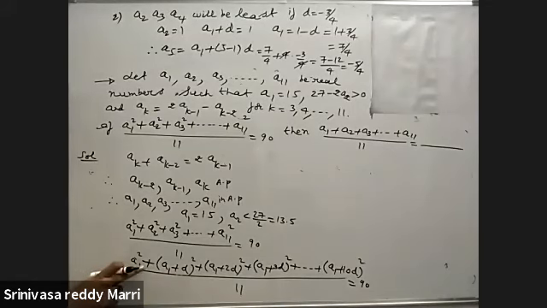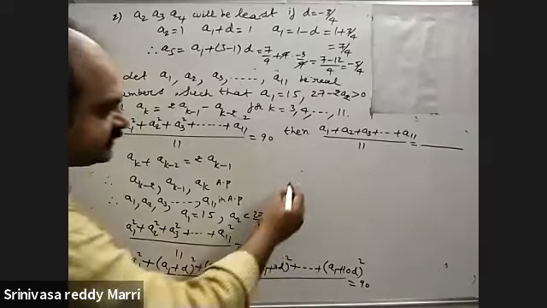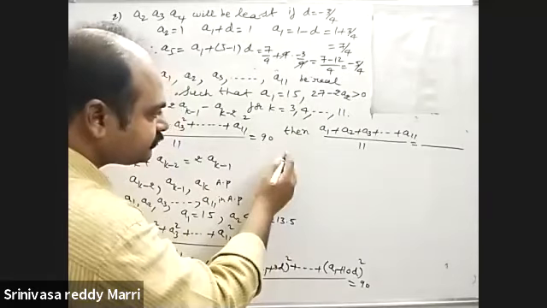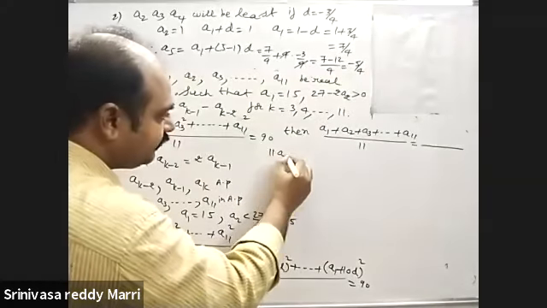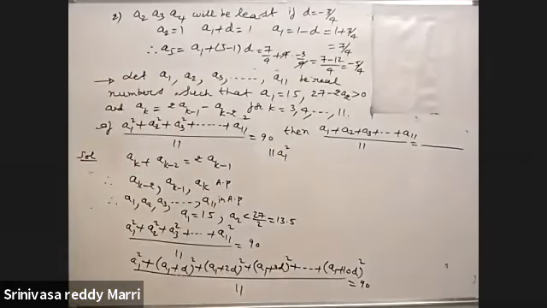Now these are totally 11 terms. How many a1 squares will come? 11 a1 squares will come. In each bracket, one a1 is there, so 11 a1 square. Now look at here, this is 2a1d, this is 2a1d, this is 4a1d, this is 6a1d, like that.